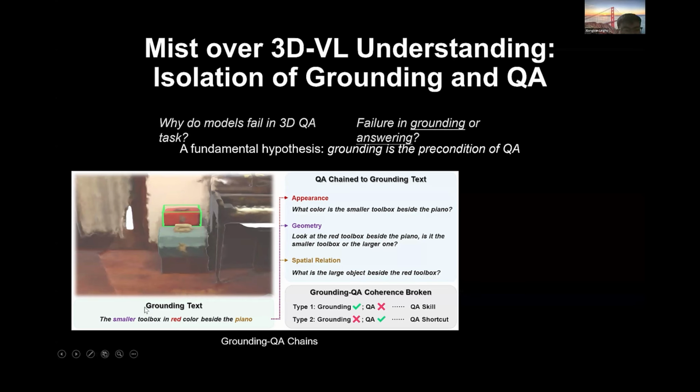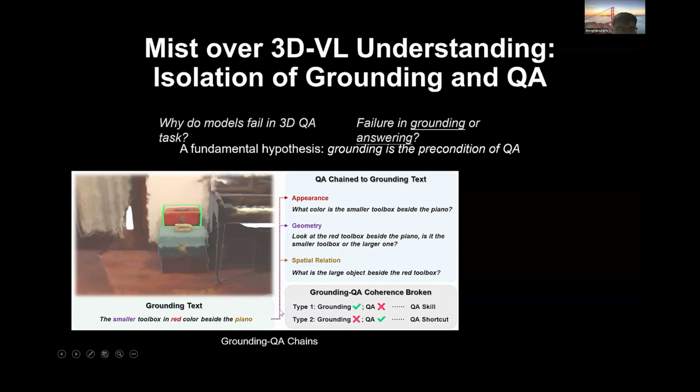For example, given a grounding text for the smaller black box in red color beside the piano, this grounding text corresponds to the object with the gray box.